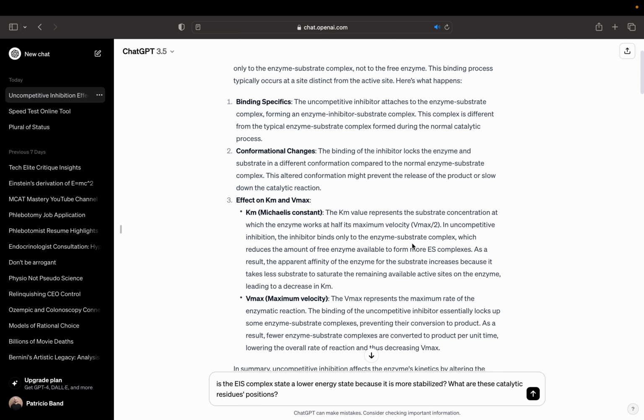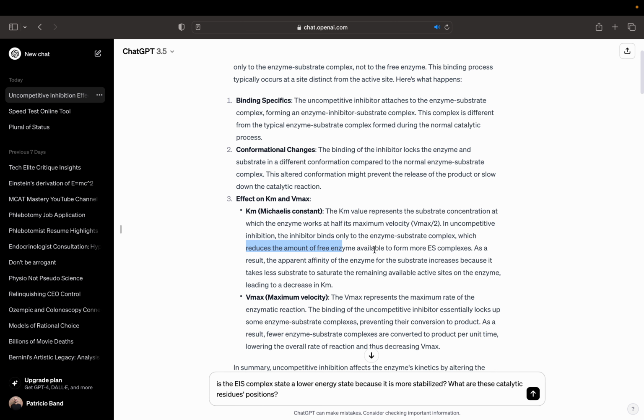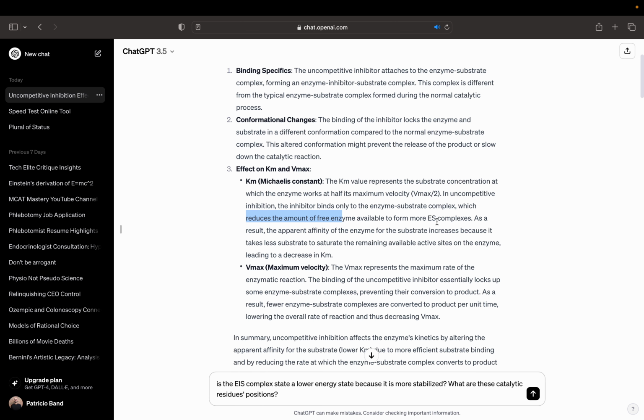The inhibitor binds only to the enzyme substrate complex, which reduces the amount of free enzyme available to form more enzyme substrate complexes. Because there's less free enzyme available, it should also mean that the Vmax is decreasing, right? Or not, maybe.